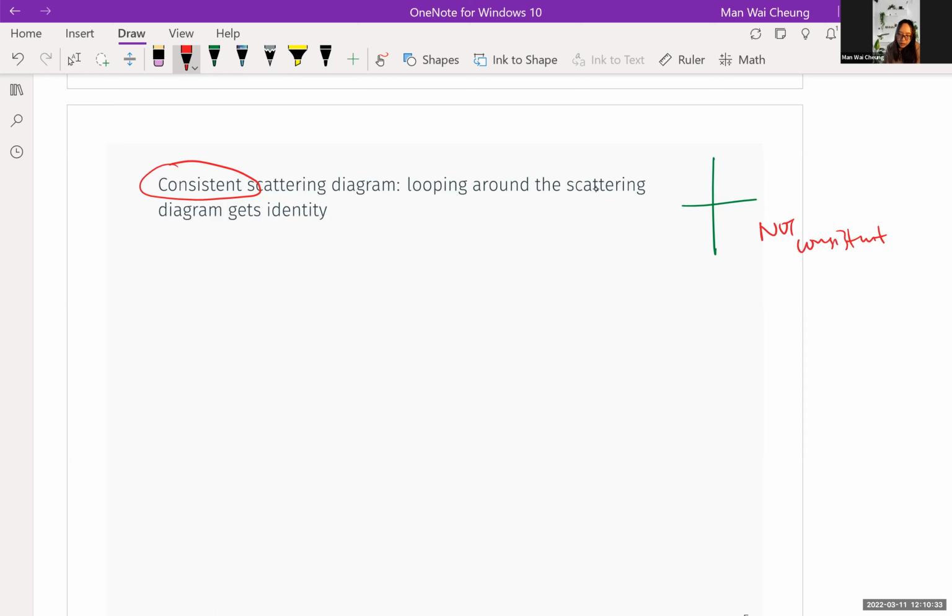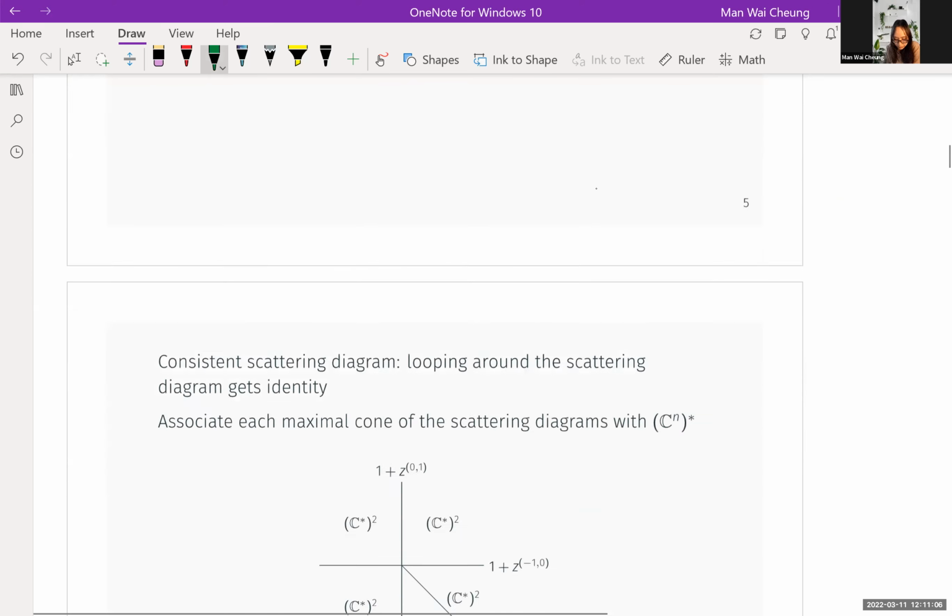What consistent means is we consider any loop going around in the scattering diagram, and we require that the corresponding path order product will be the identity. In this case, when you do the computation, it is not, so we need to add one more wall here to turn the scattering diagram consistent.